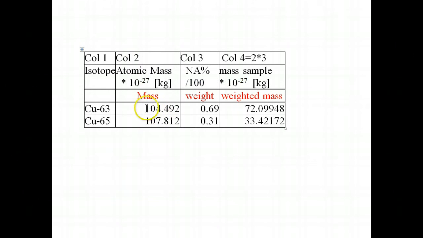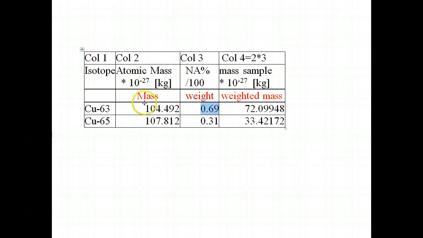So here you have the mass of each isotope, and you multiply that mass by the weight, which is the natural abundance divided by 100. So 69% of all atoms of copper in nature are Cu-63. And the 69 you divide by 100, and that is 0.69, and that is a weight.